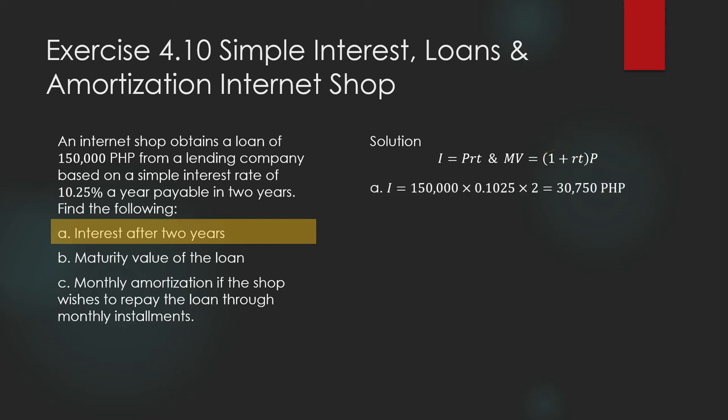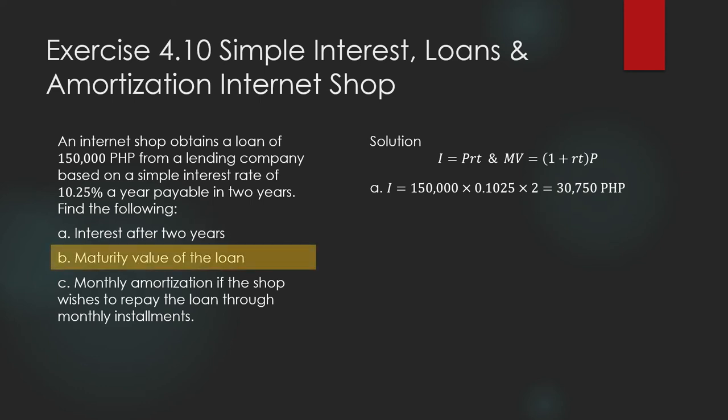Let us get I, the interest after 2 years. So this is direct substitution. The interest earned after 2 years is equal to the principal times the rate of interest times 2 years. And the interest is equal to 30,750 pesos.